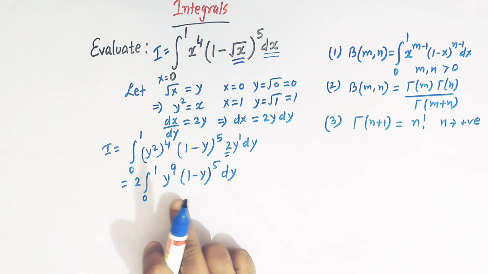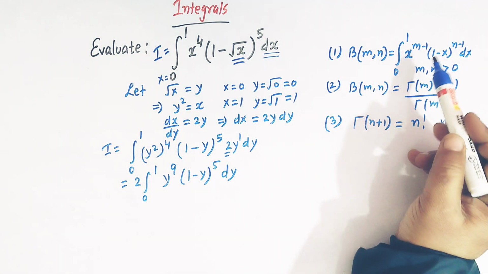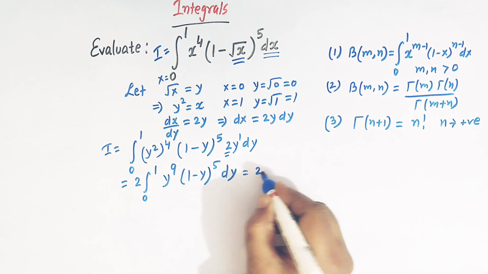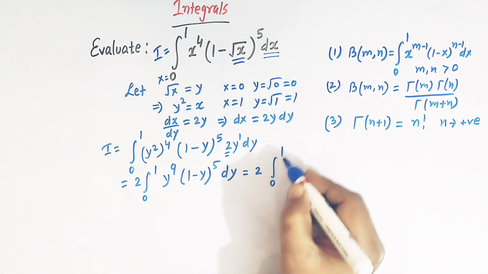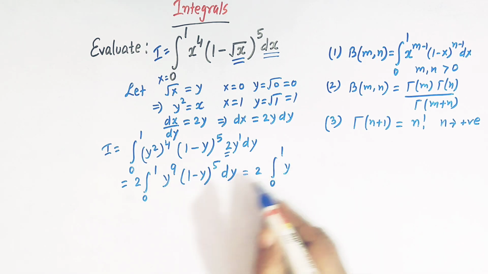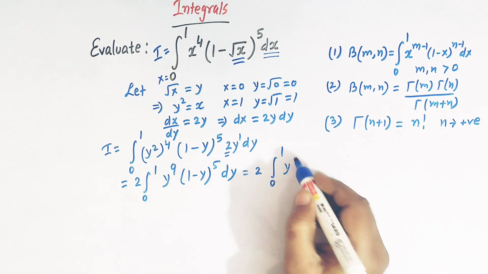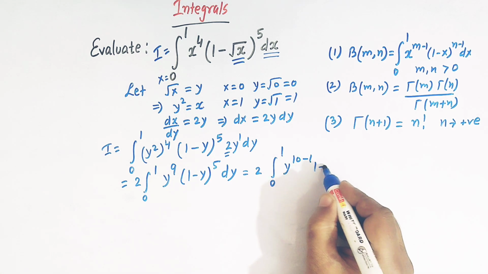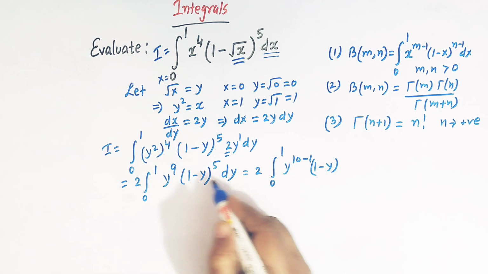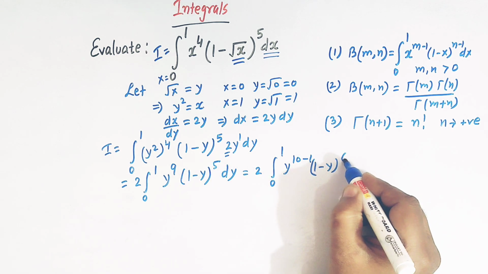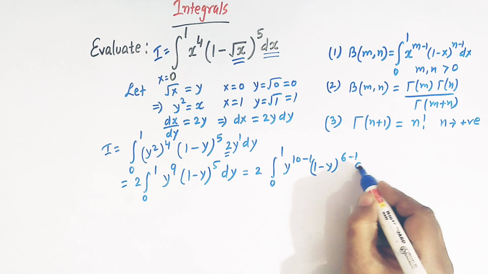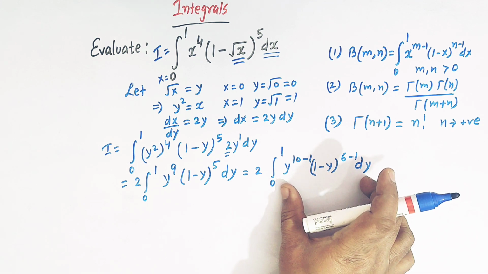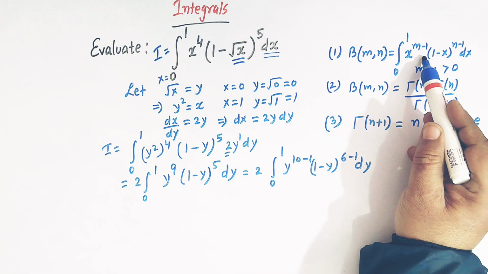So now let us write this integral in this form. We can write 2, then we have 0 to 1, and y raised to 9. 9 can be written as 10 minus 1. And here we have 1 minus y raised to 5. 5 can be written as 6 minus 1. And here we have dy. So now this integral is exactly the same as this one.